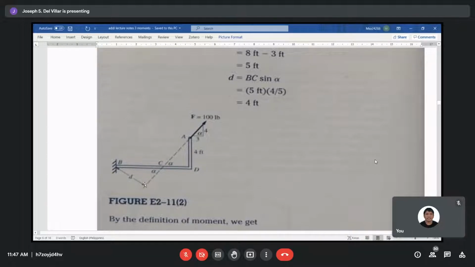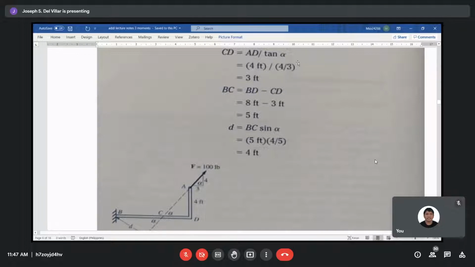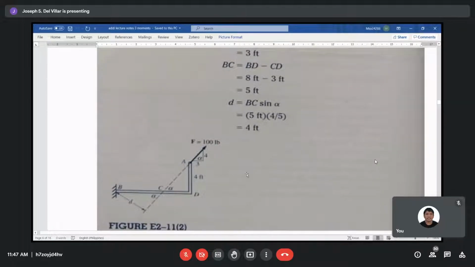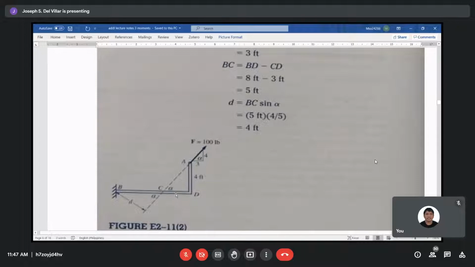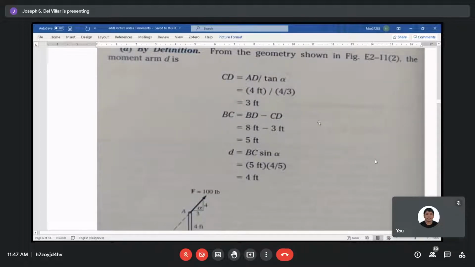Okay? Or, para maliwanag, gamitin nyo yung 4/3 na tangent, no? Or that is the slope. Tapos yung BC is equal to BD minus CD. Alam nyo na yung CD, di ba? Ito yun, no? 3 feet.